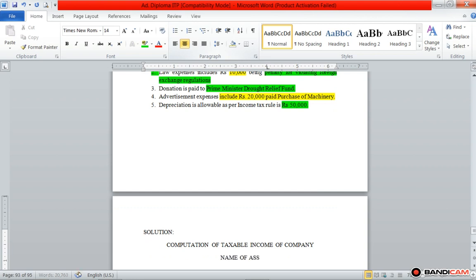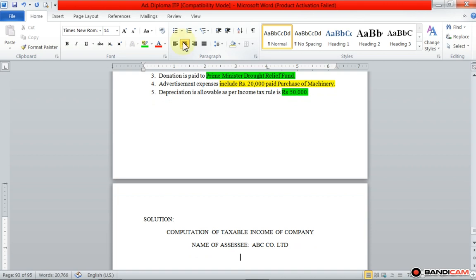Name of assessee: ABC Company Limited. Assessment year: 2020-21.